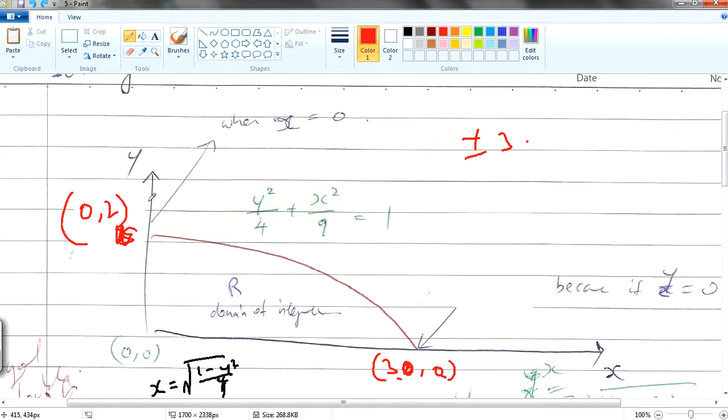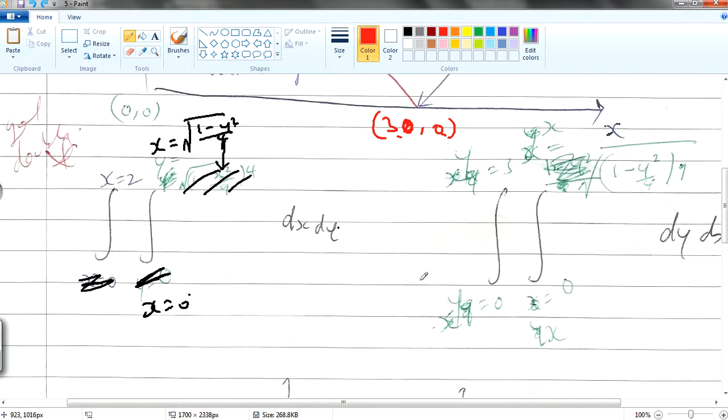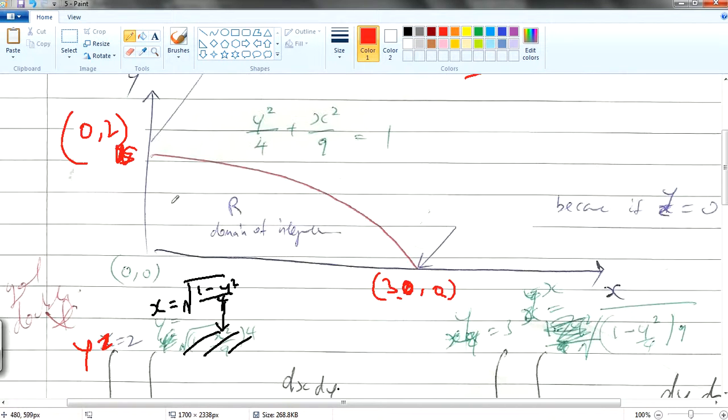I hope you get what I mean. So if you integrate x already, then you just integrate the rest, which should be y equals 2 and y equals 0. So it should be in this manner.